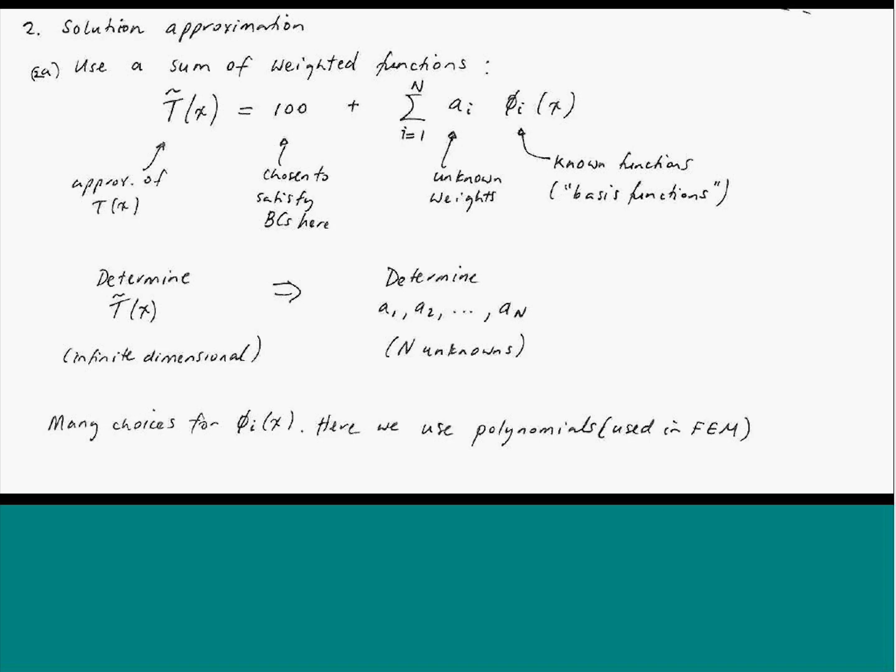Kevin, yeah. Yeah, so if you had 100 here and 200 somewhere else, there are various ways that you could handle it, and we'll talk, probably in two lectures' time, about how to do boundary conditions in the finite element method.